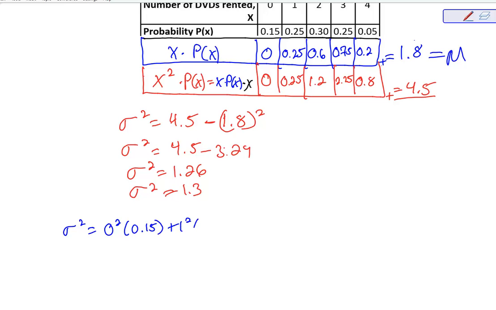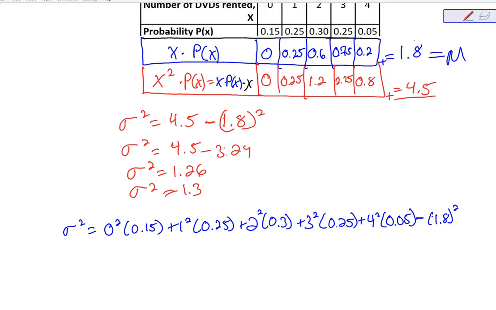So 1 squared times its probability plus 2 squared times its probability plus 3 squared times its probability plus 4 squared times its probability minus my mean squared. So notice I'm still subtracting out the mean squared.